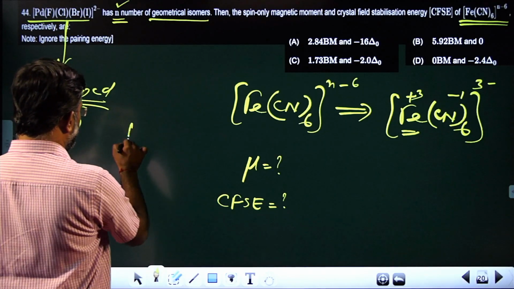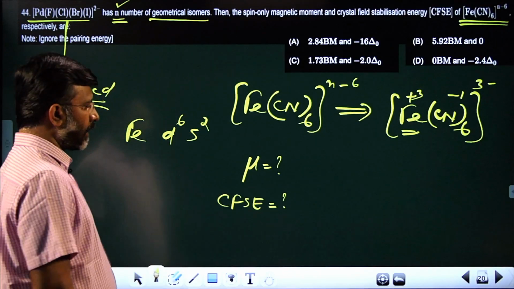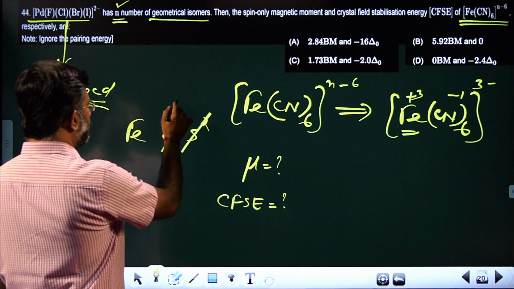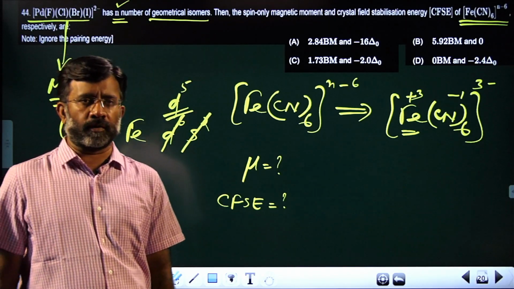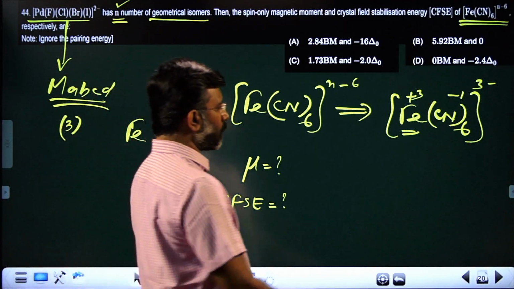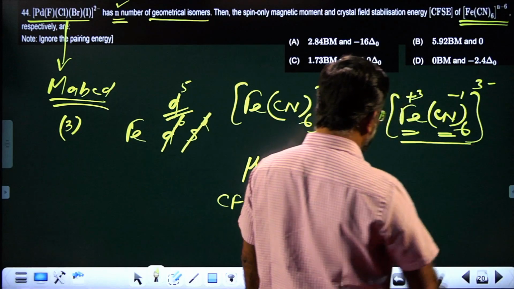Iron is d6s2, so iron 3 plus will be a d5 configuration. And it is an octahedral complex where cyanide is a strong field ligand.